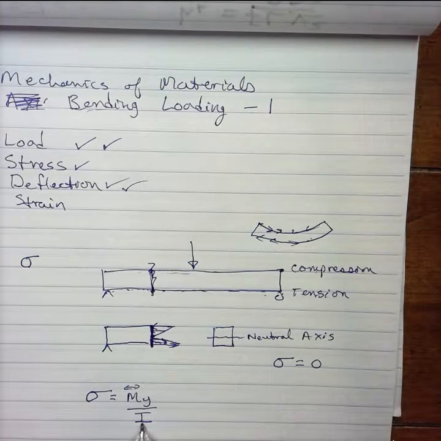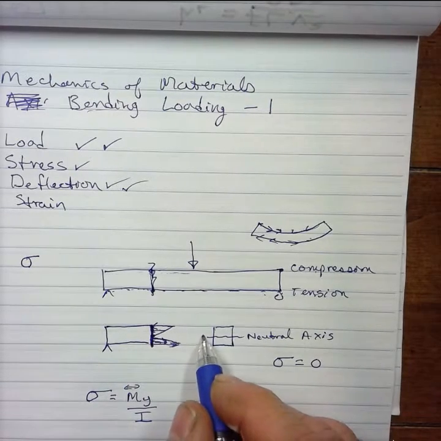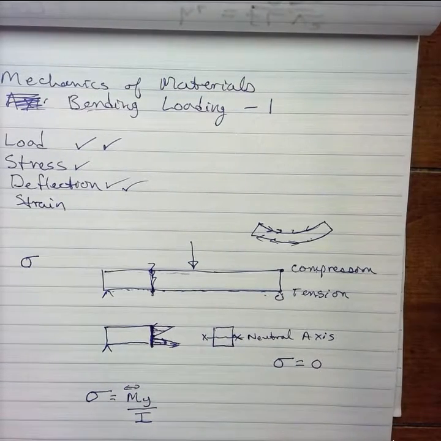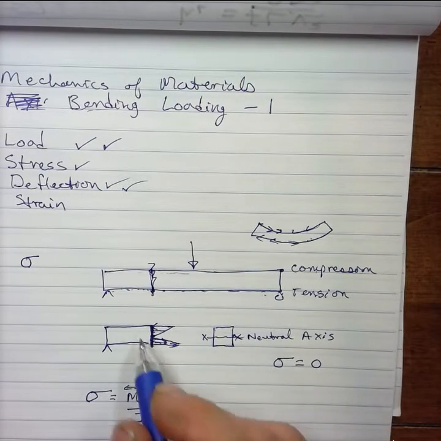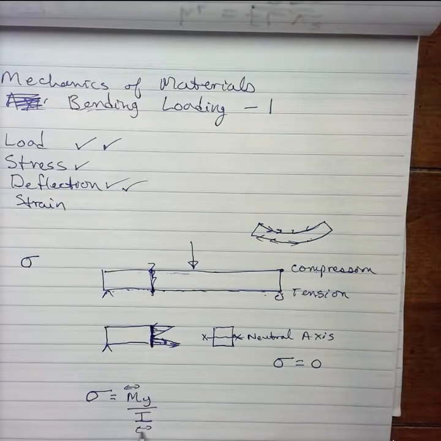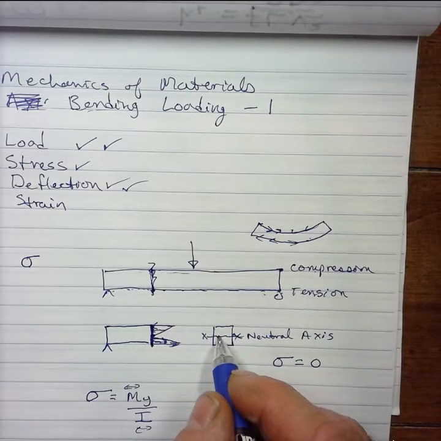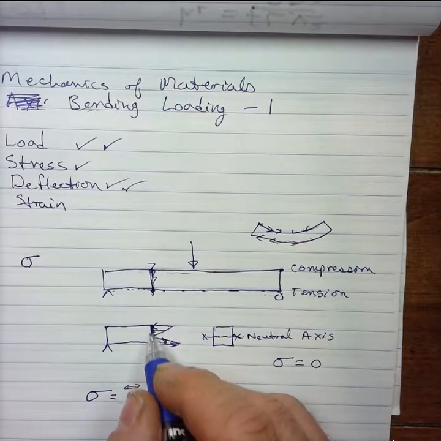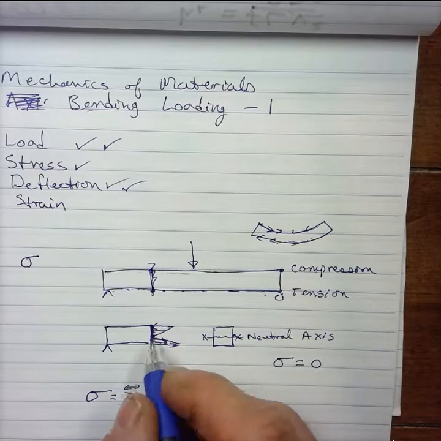The moment of inertia is the moment of inertia about the neutral axis. And that is the same everywhere in this cross-section. But y is the distance from the neutral axis to whichever point we want in this cross-section.